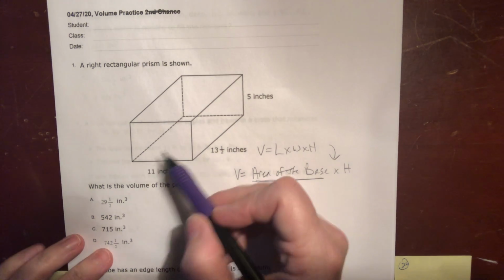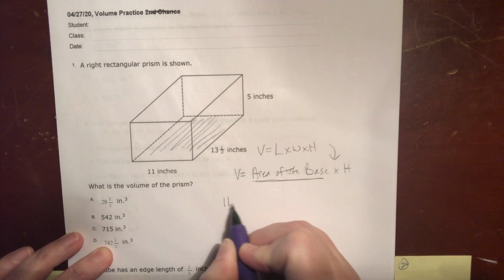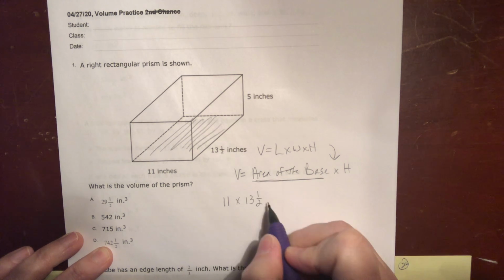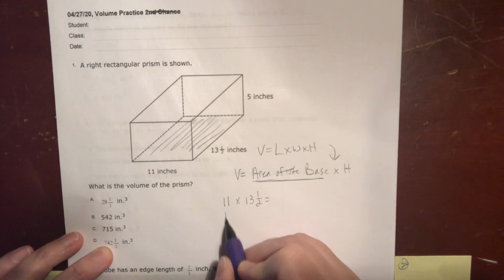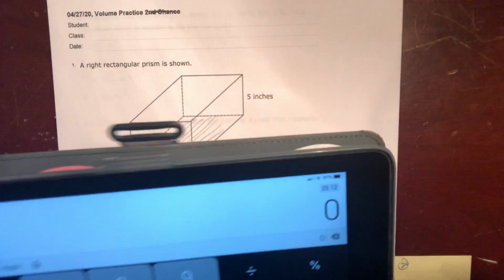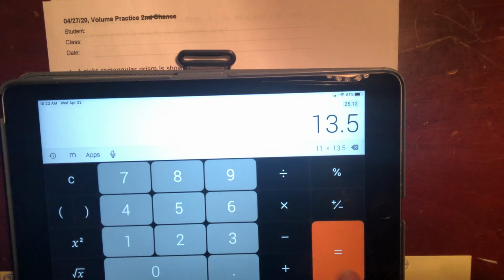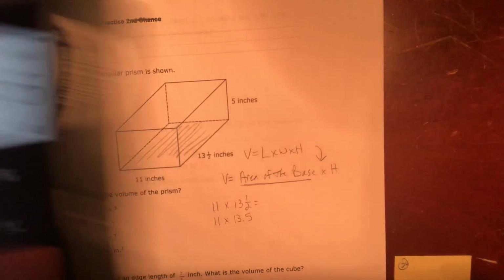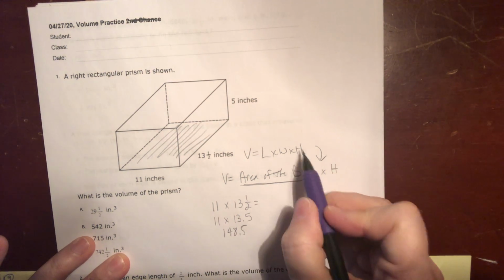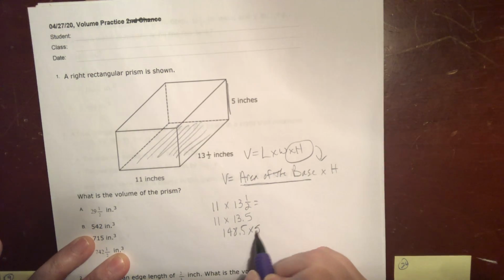So the base, theoretically, is the part on the table, right? So that would be 11 times 13 and a half. Since I'm using a calculator, I'm going to do 11 times 13.5. And I get 148.5. Then I gotta multiply it by the height, which looks like 5.